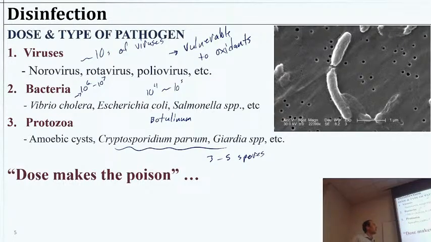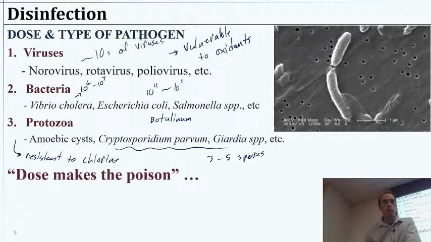And so they can actually resist chlorine and other oxidants pretty well. Maybe not all protozoa, but in general, and especially Crypto and Giardia. I think ozone is fairly effective. UV is a good option, but chlorine they are quite resistant to, is the deal.